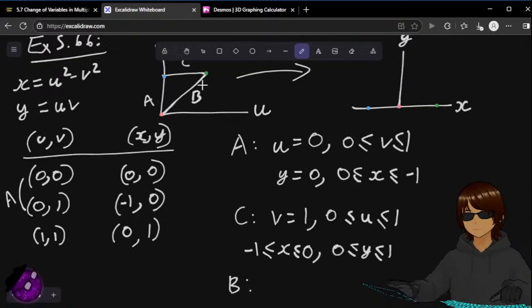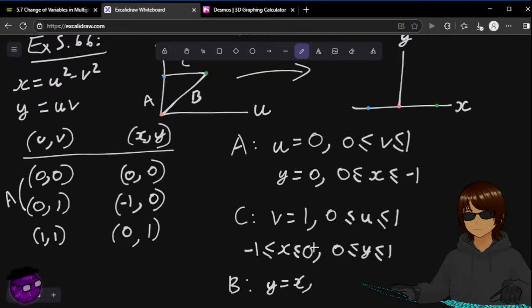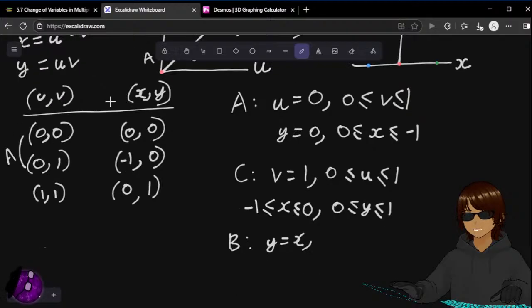And then for side B, sorry, we have side B, which is u is equal to v.